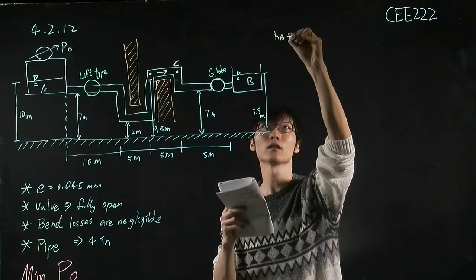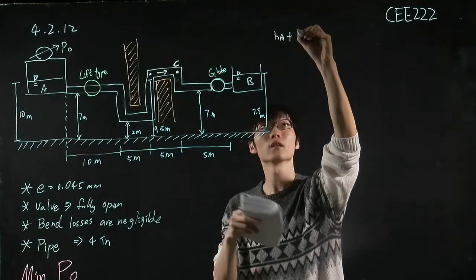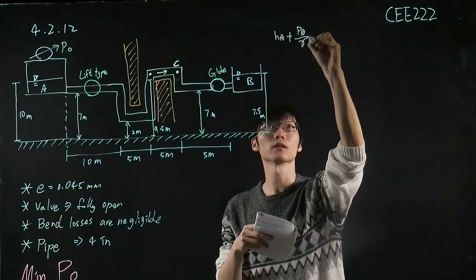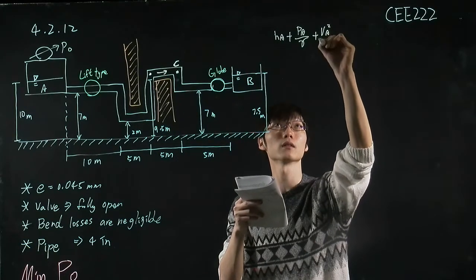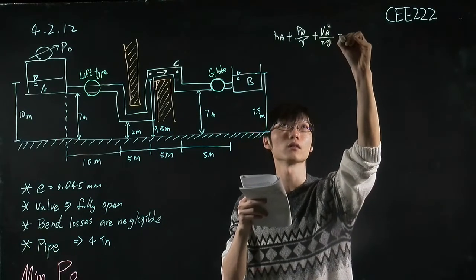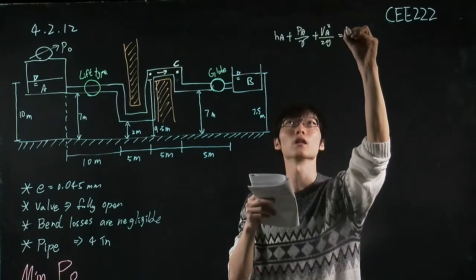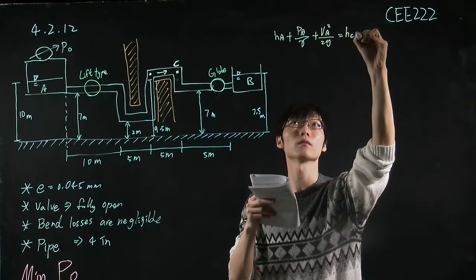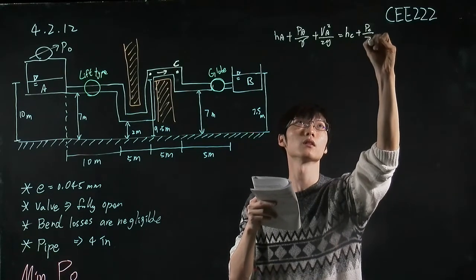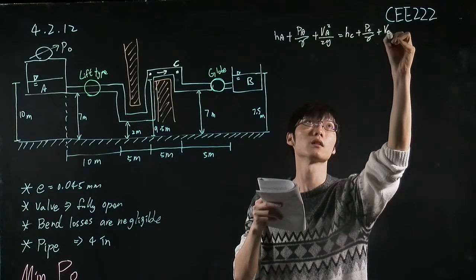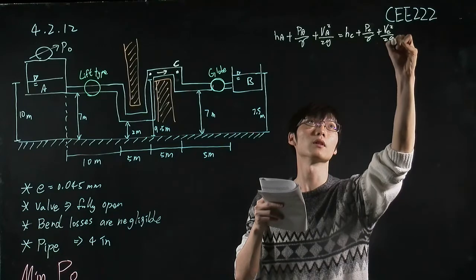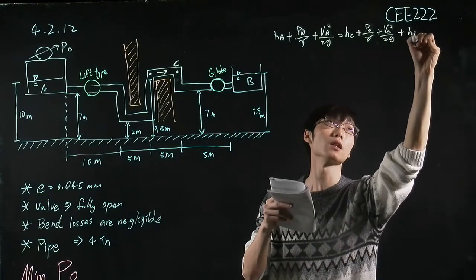HA plus PA divided by the specific weight plus VA squared over 2g equals HC plus PC divided by the specific weight plus VC squared over 2g plus the head loss.